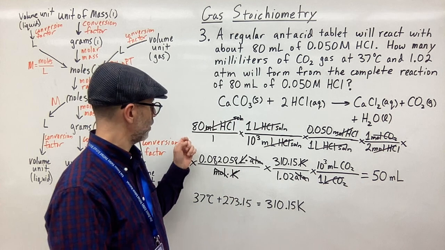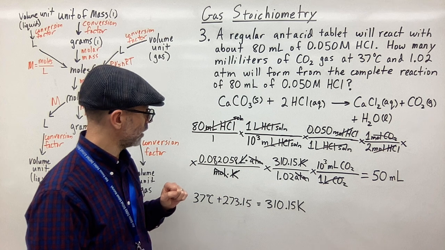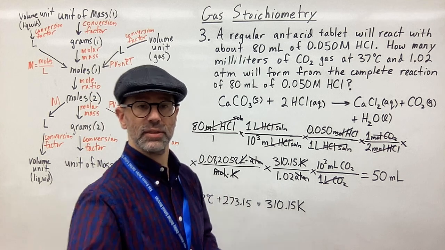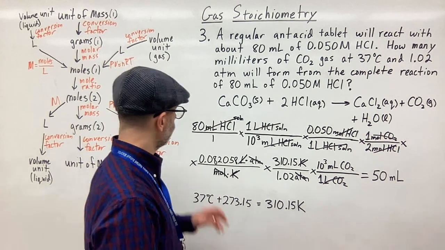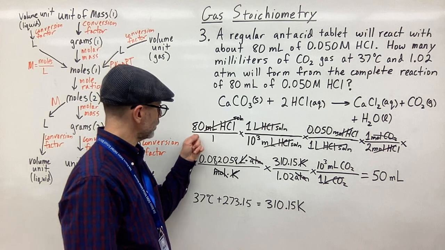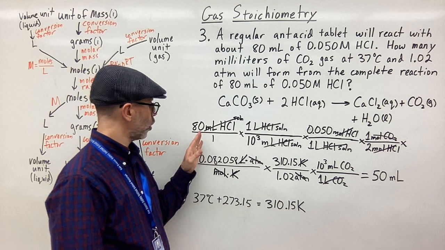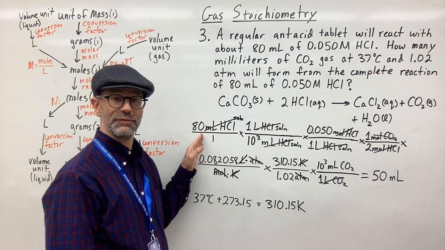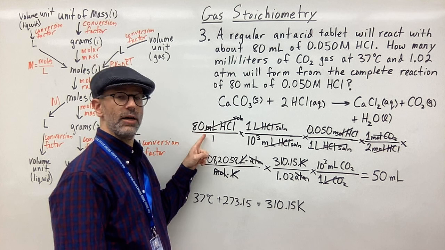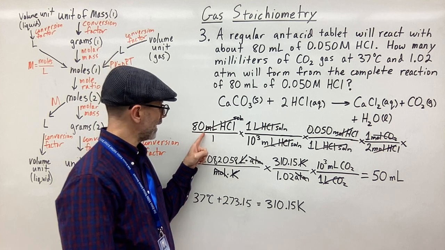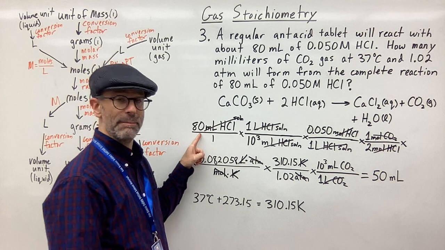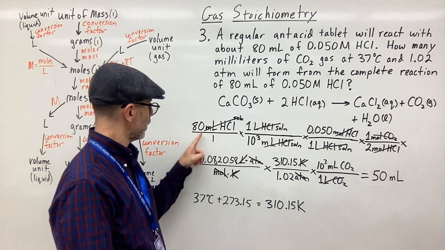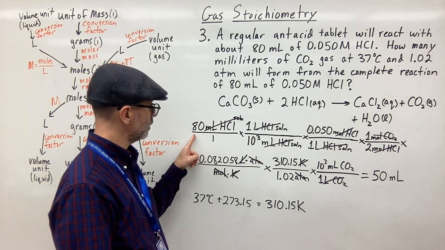So let's look at the number of sig figs that we have here. This actually has 1 sig fig. Don't mistake the 0 for a sig fig because there's no decimal point here. If there's no decimal point at the end of the number, that 0 is not significant, or it's at best ambiguous. So here we only have 1 sig fig.